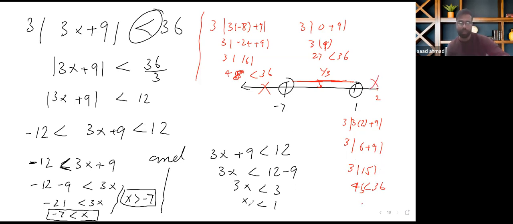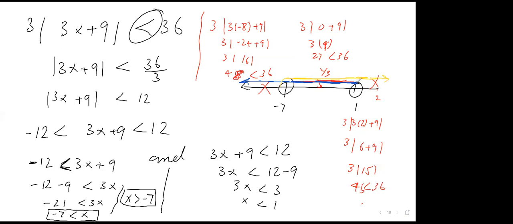The other way around that I showed you before is that it was showing us x less than 1 on this side and x greater than or equal to -7 on this side. So you just see where the common portion is, where both of these colors exist, the blue and the yellow.